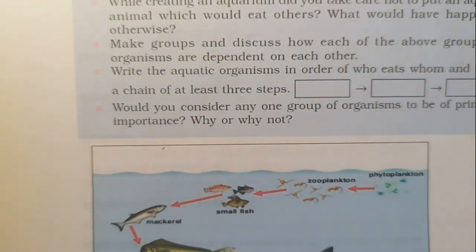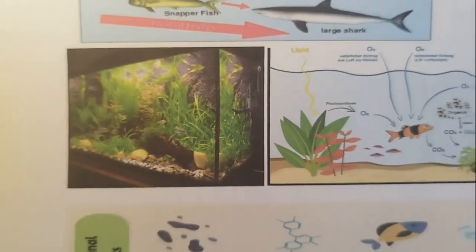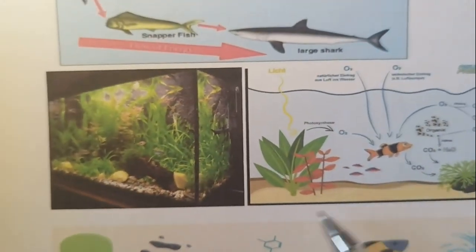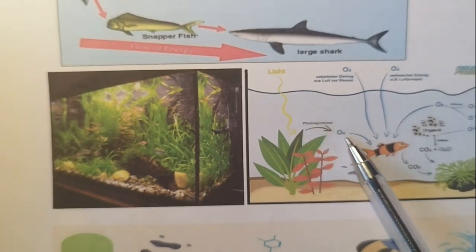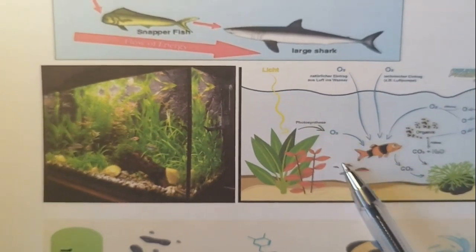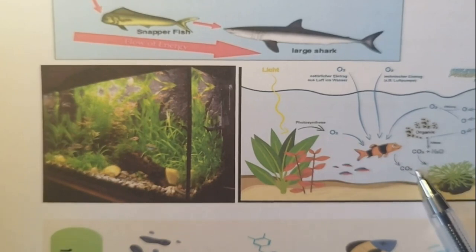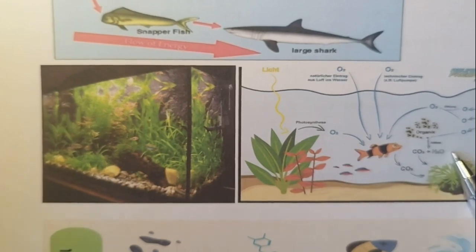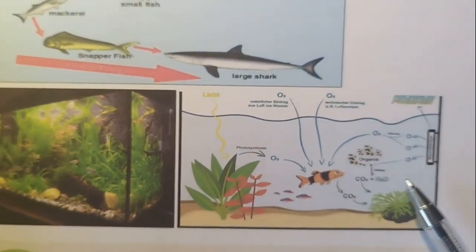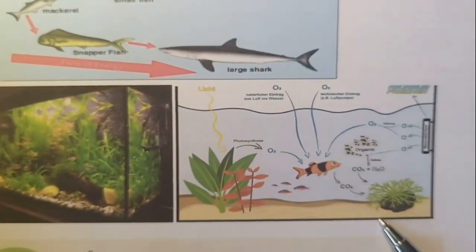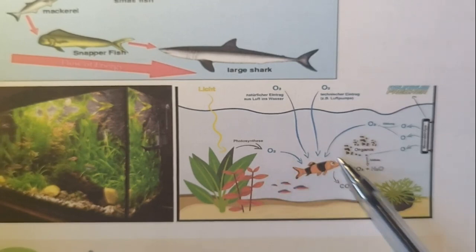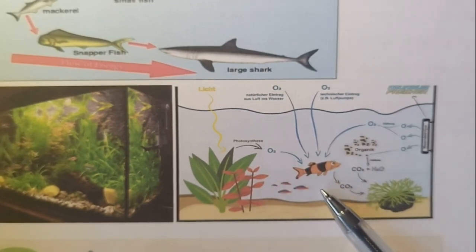If you are making an aquarium that is self-sustaining, you can have some plants that will perform photosynthesis, generate oxygen, and remove the carbon dioxide, and remove nitrates and the ammonia that is generated from the activity of the fish. And that's how it can be self-sustaining in terms of food.